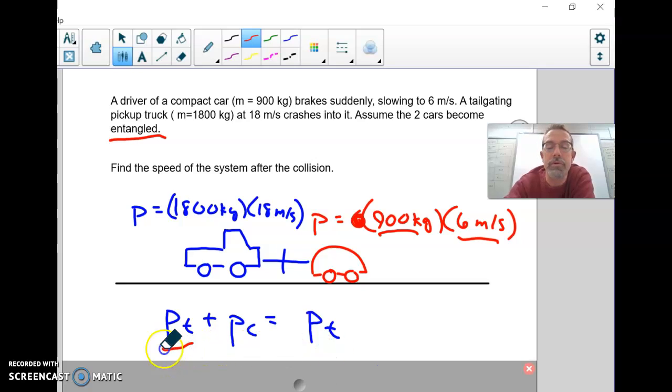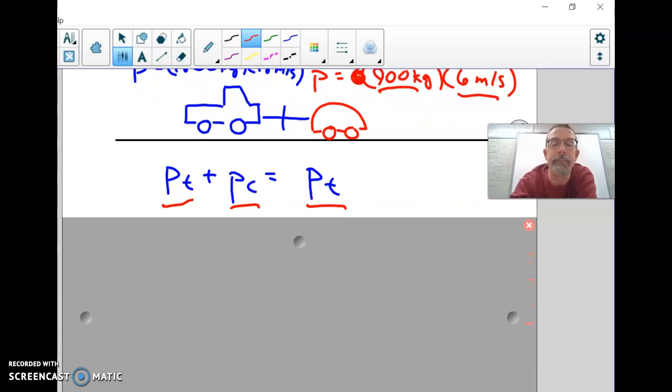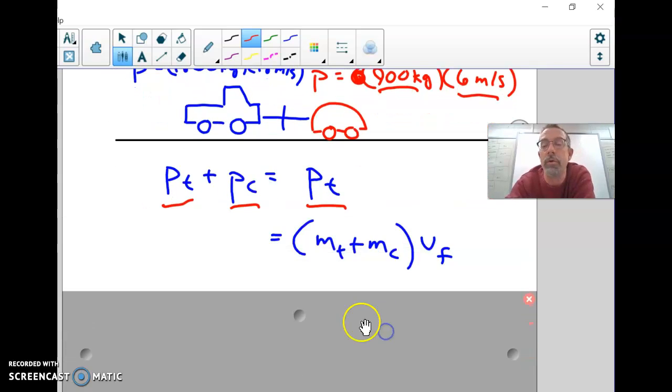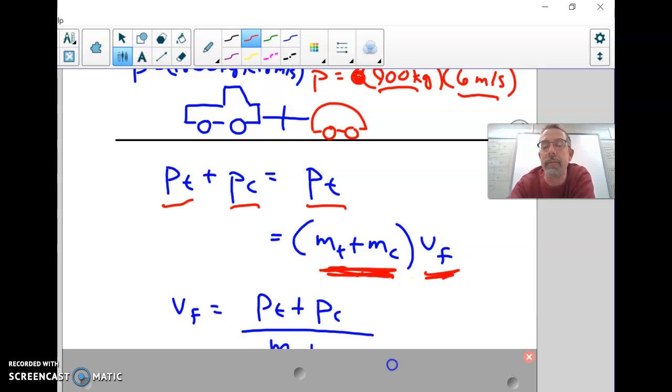So the momentum of the truck and the momentum of the car are going to equal the momentum together. The momentum together is the mass of the truck plus the mass of the car, since they're going to act as a single unit because they're entangled, times the final velocity.